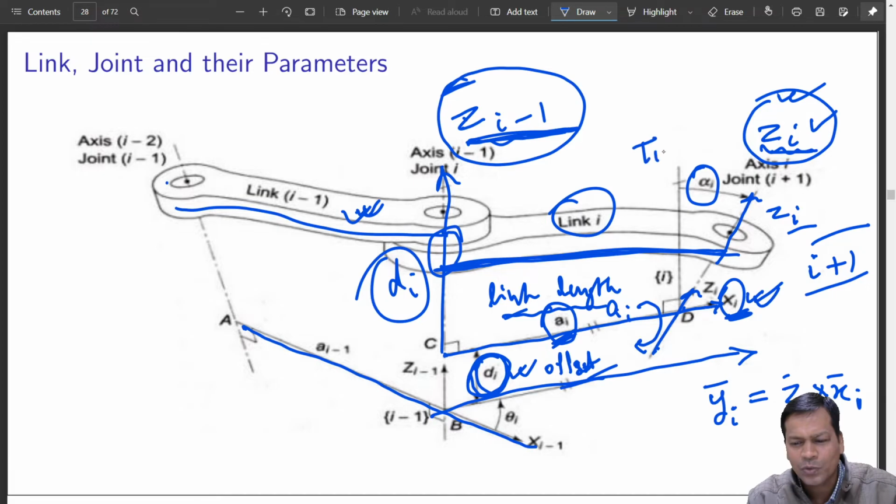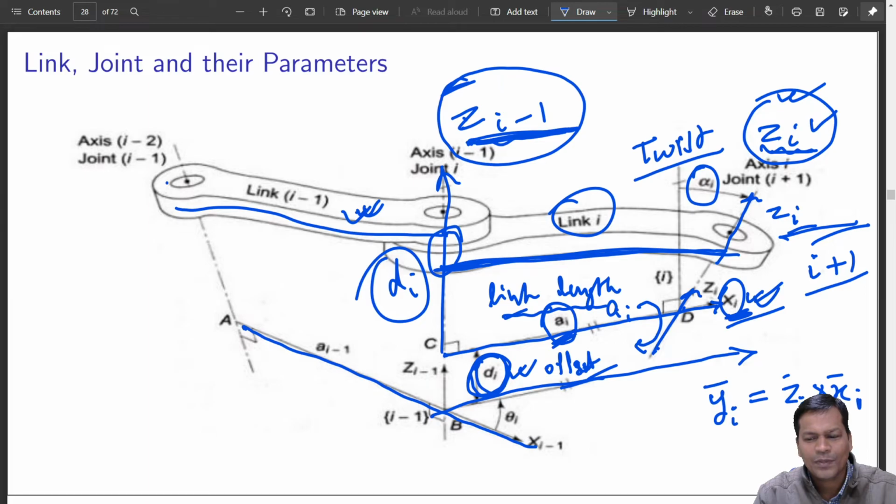So twist is the angle between zi minus 1 and zi measured about the xi axis, with positive sense of rotation given by the right hand thumb rule. If this is the direction of the xi axis, rotation about it by the right hand thumb rule gives alpha i, the angle between zi minus 1 and zi.